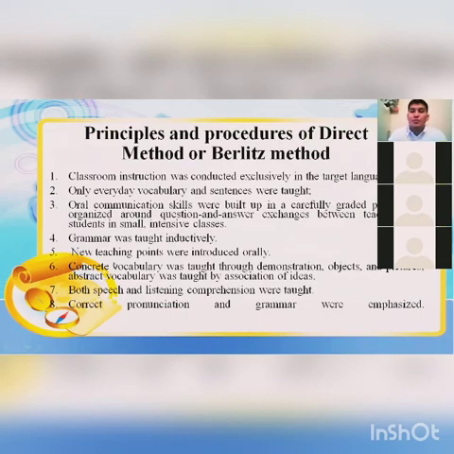In grammar translation, we taught only reading and writing, but in the direct method, we teach speaking and listening. Correct pronunciation and grammar were emphasized. So here we not only teach grammar, but also pronunciation, speaking, listening. We teach grammar inductively.